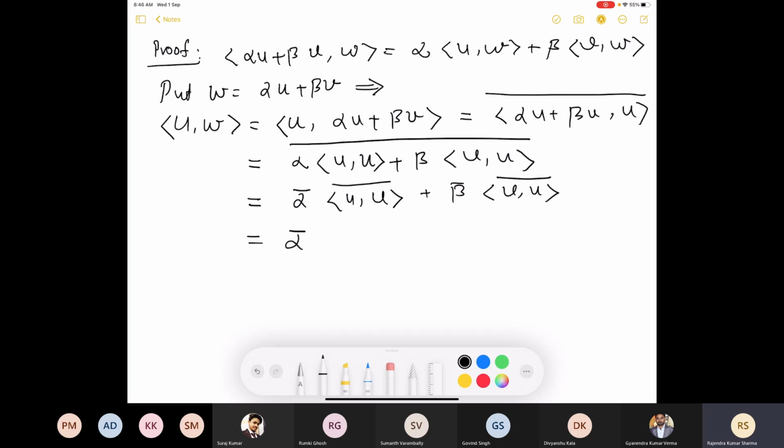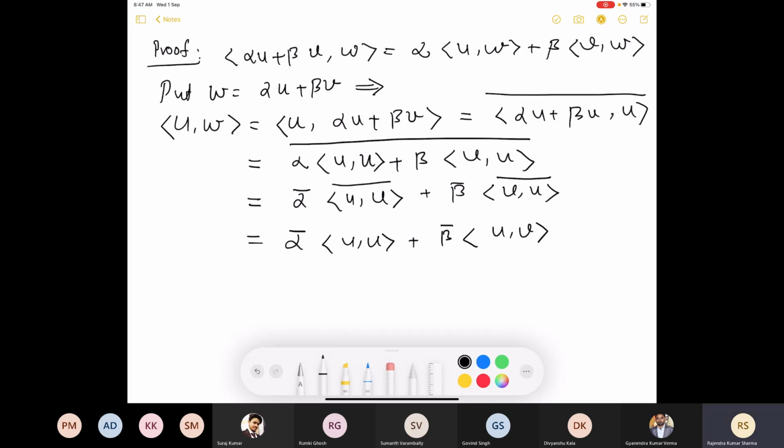Now recall that u comma u is the norm of u square, and this is a real number, and this always gives you the conjugate is same as itself. So this is u comma u plus beta bar, and this is v comma u. So this is u comma v. So what we have got is that this alpha bar u comma u plus beta bar u comma v.